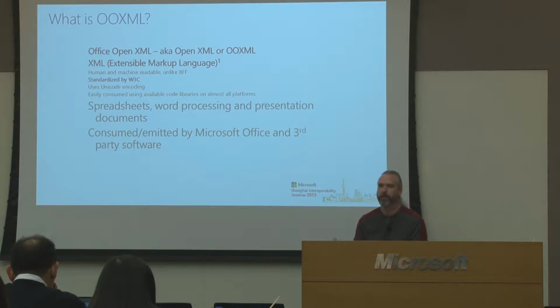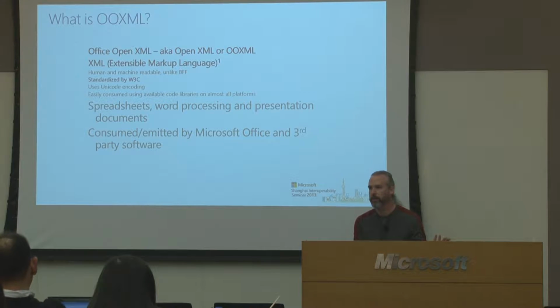And this is the latest Office file format. So the binary file formats that I covered in the last three talks are considered legacy, even though we do still get questions about those, and there are a lot of binary file format files out there. This is the current file format that you want to use to be up to the latest.